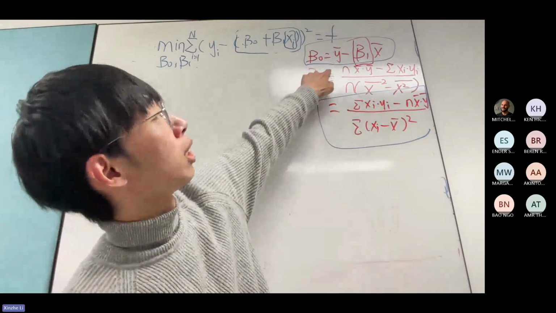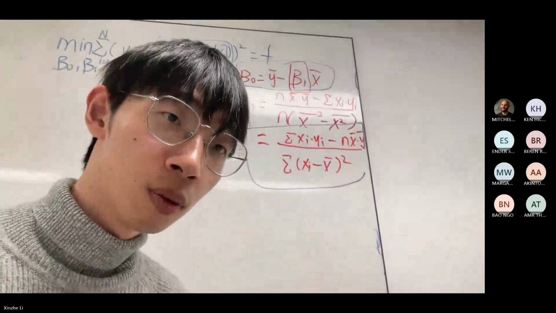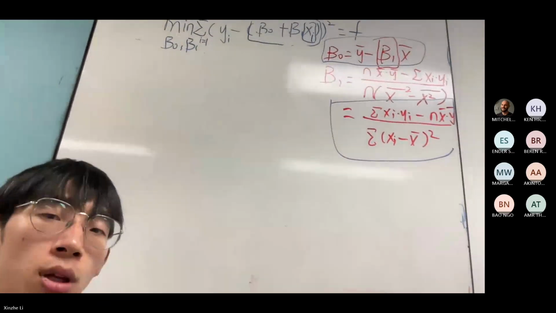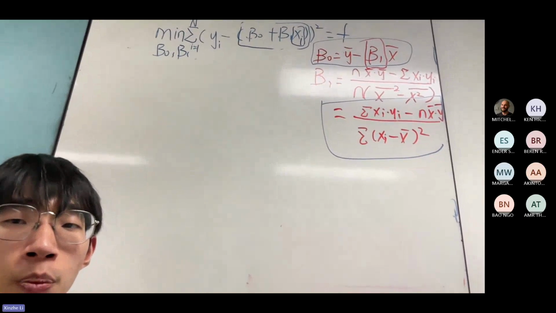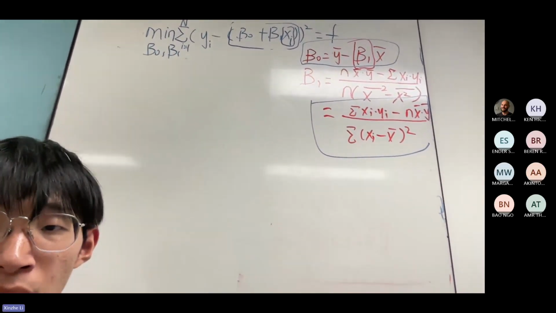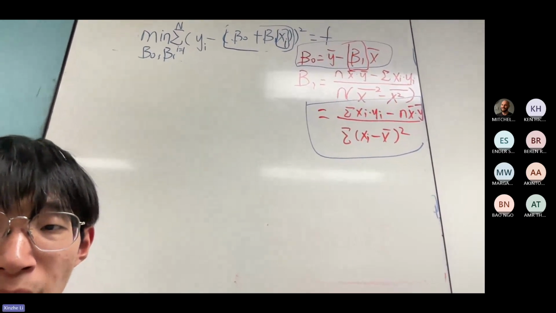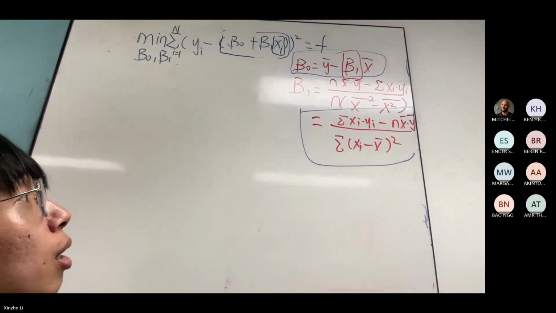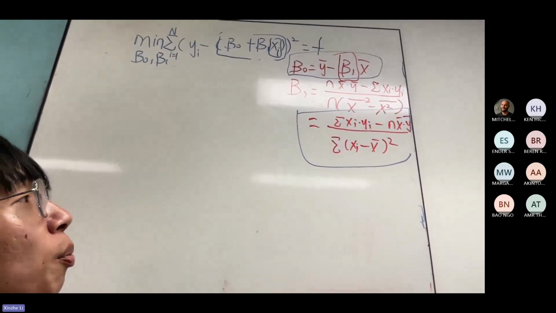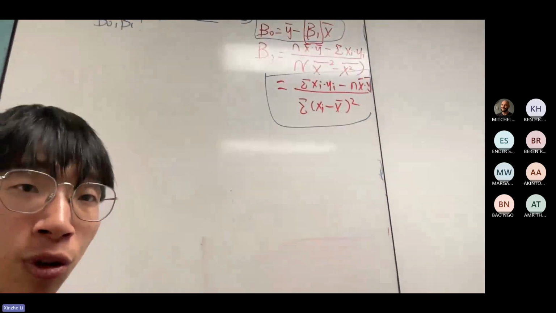That's the equation we derived here. Then for beta 1, we have the sum of x minus x mean multiplied by y minus y mean. It's a little bit different, but actually they are the same. Let me show you.